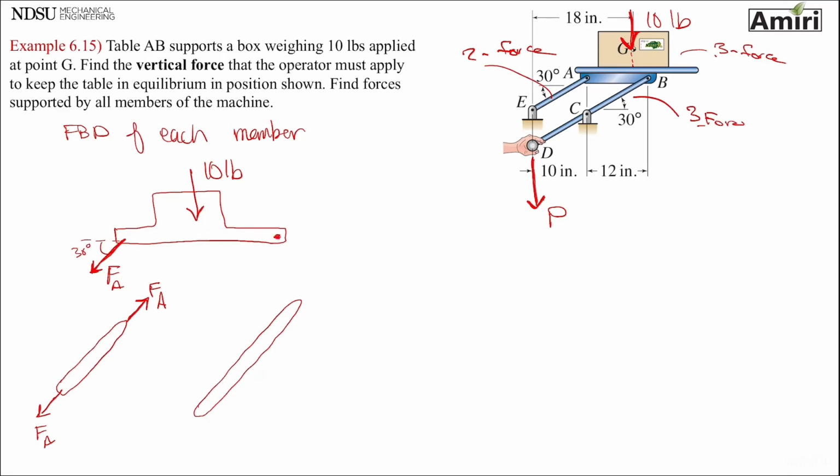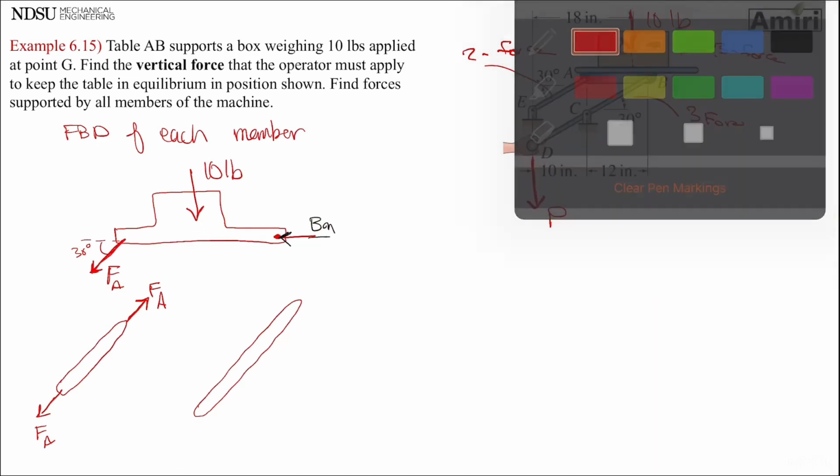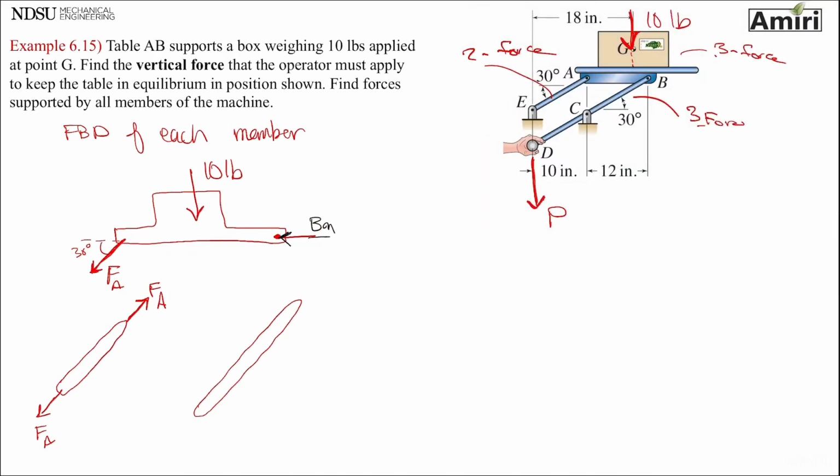So I'm going to put a Bx and a By. The other B needs to have the opposite, so it's going to have Bx and By. Oh, opposite is the other way, sorry. It's going to go down, By.